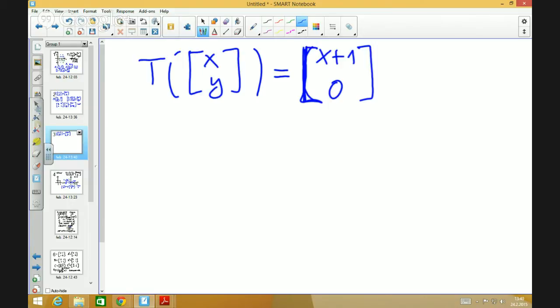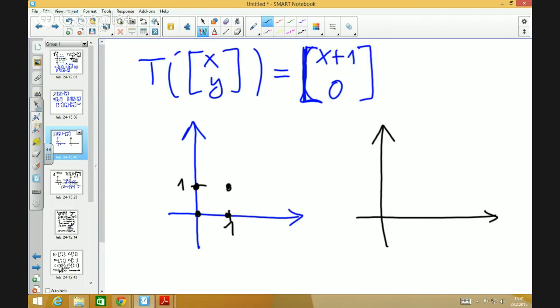So what does this do? Let's look at an example. If I apply this transformation here, where does the point 0, 0 go?